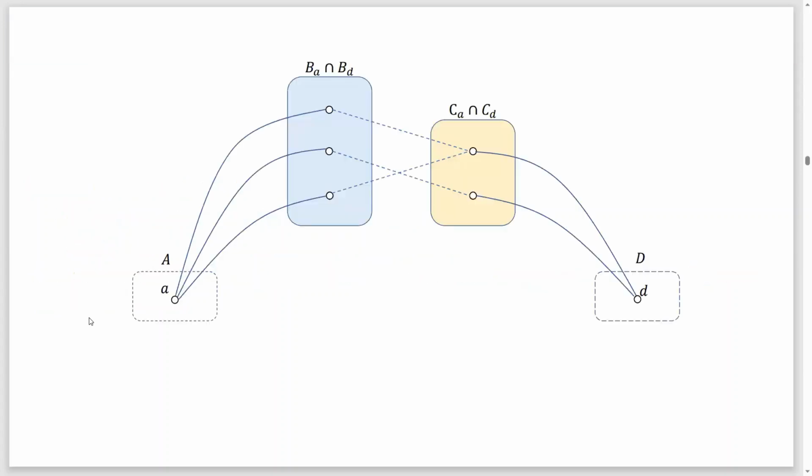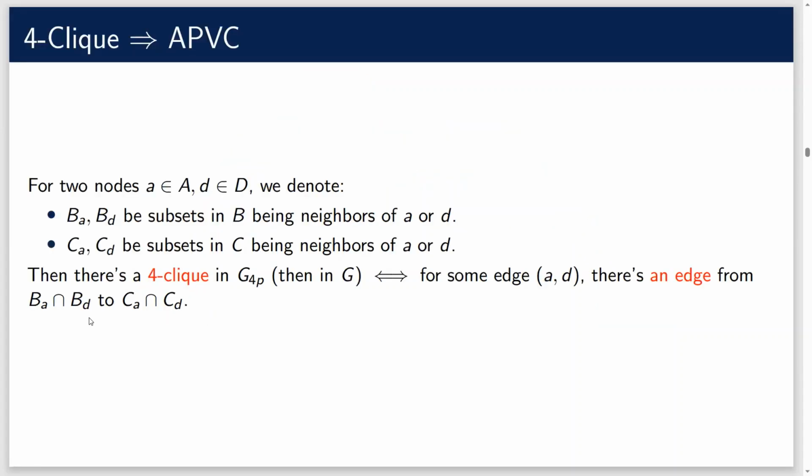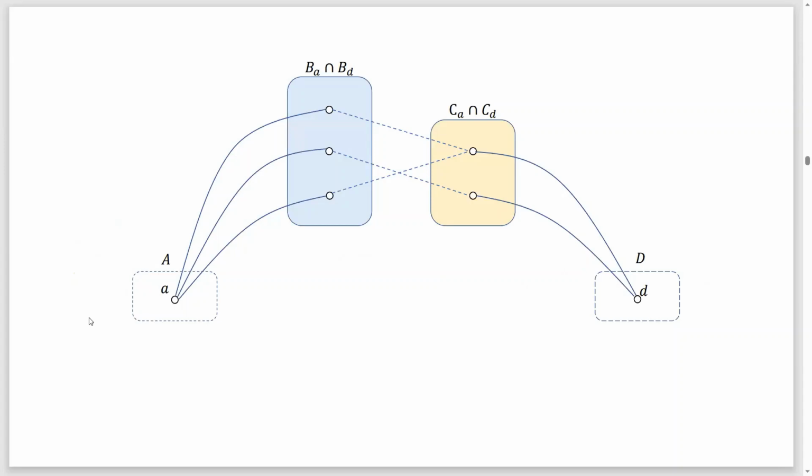Below we have an oversimplified example: we link a to everything in B_a cap B_d, and d to everything in C_a cap C_d. We can see that if there's an edge between the middle two parts, then a and d will be connected. Otherwise, a and d will be disconnected.